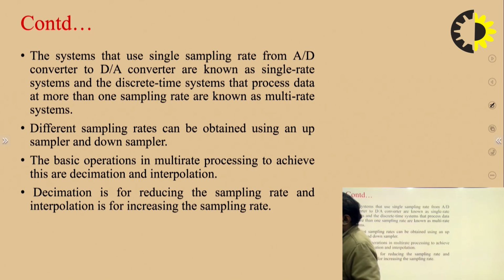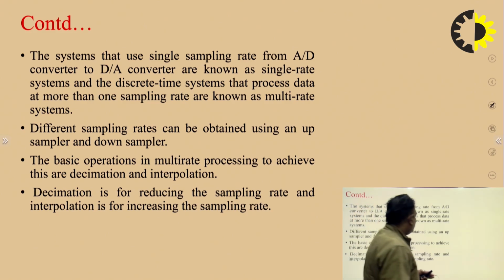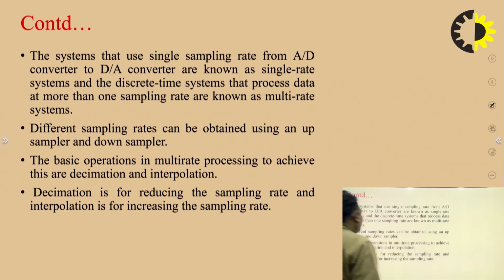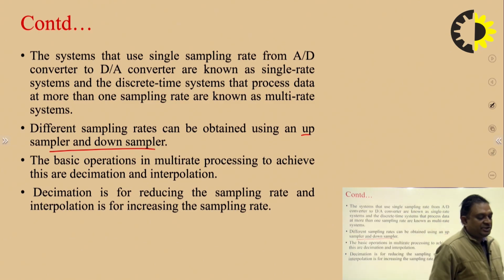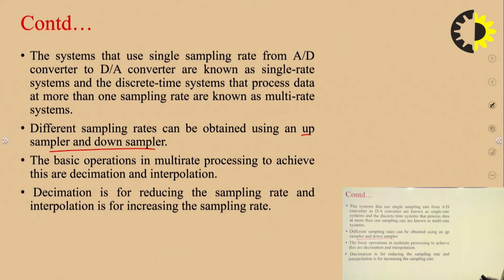Now how will we change the rate? The rate can be changed with the help of an upsampler and a downsampler. These are devices with the help of which we can change the sampling rate of a given signal. The basic operations in multi-rate processing to achieve this are decimation and interpolation.